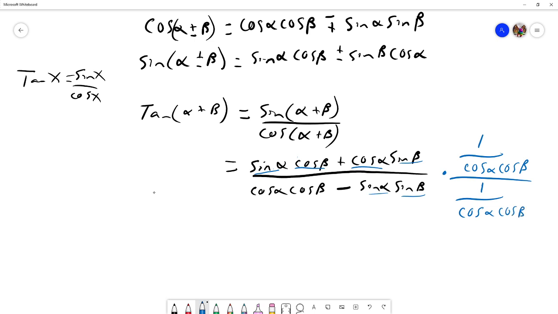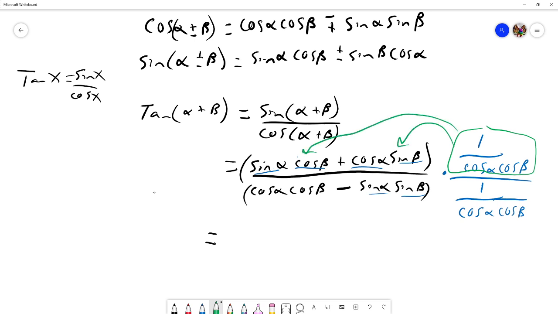Alright. So let the algebra fun begin. What we have going on then is this quantity here and this quantity here both have to be multiplied by this entire fraction. So this is going to be distributed accordingly, and similar situation on the bottom. When we consider sine alpha cosine beta in the numerator, it's being divided by cosine alpha cosine beta.